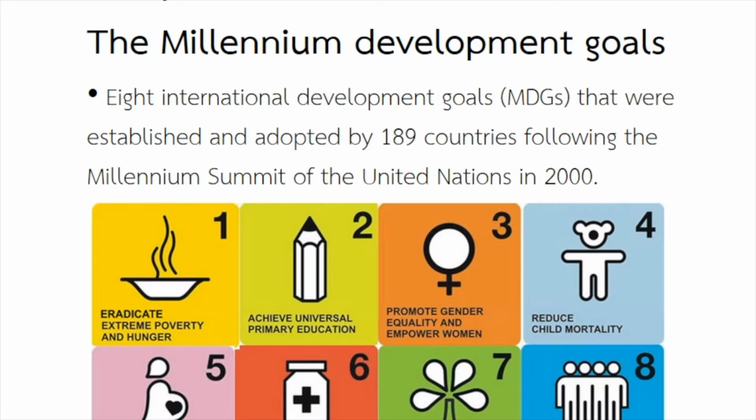development. The 8 international development goals that were adopted at that time, the so-called Millennium Development Goals, were to eradicate extreme poverty and hunger, to achieve universal primary education, to promote gender equality and empower women, to reduce child mortality, to improve maternal health, to combat HIV/AIDS, malaria, and other diseases, to ensure environmental sustainability, and to develop and implement a global partnership for development.